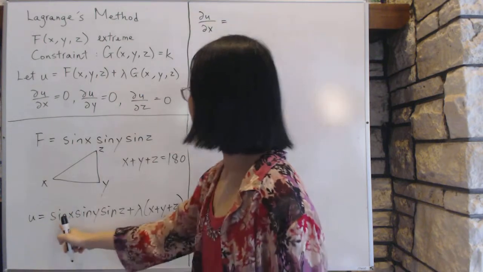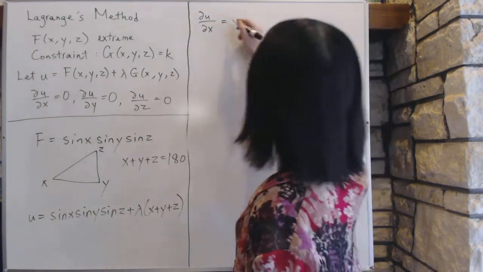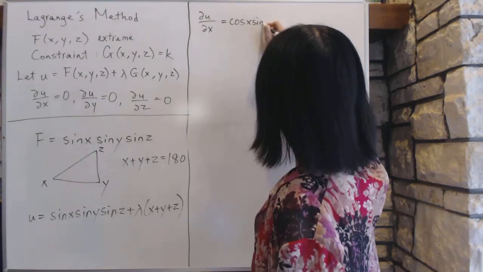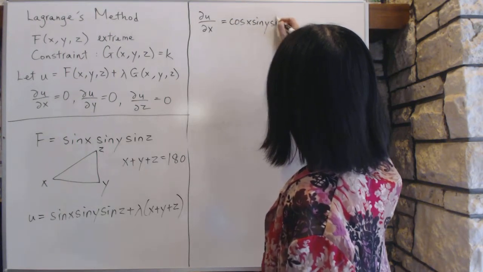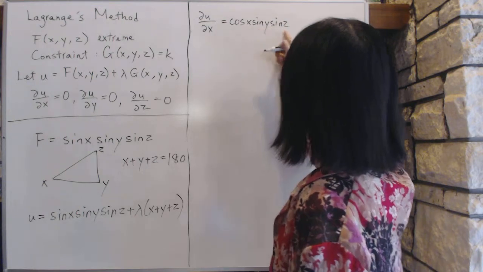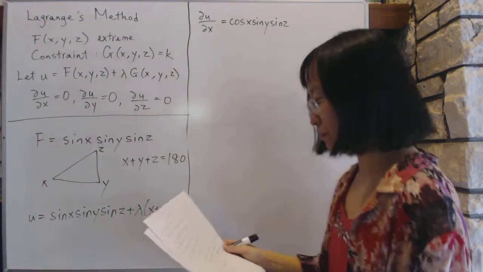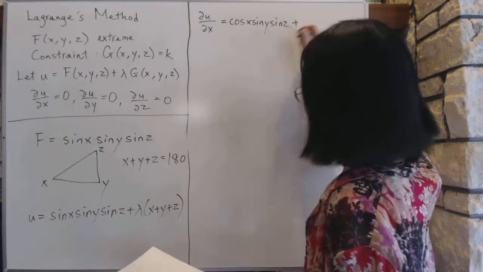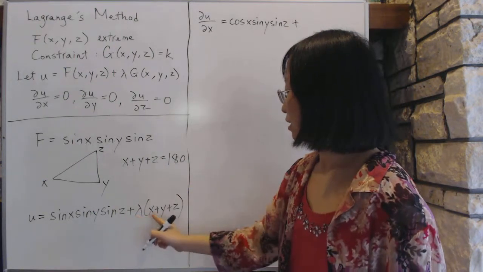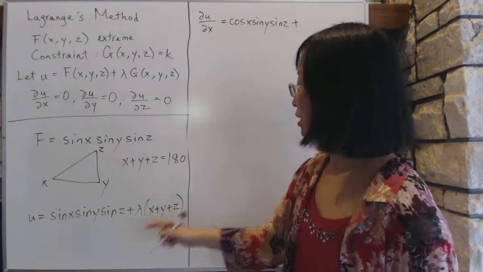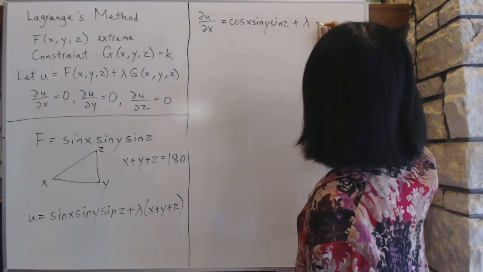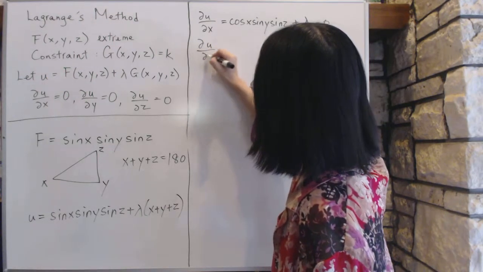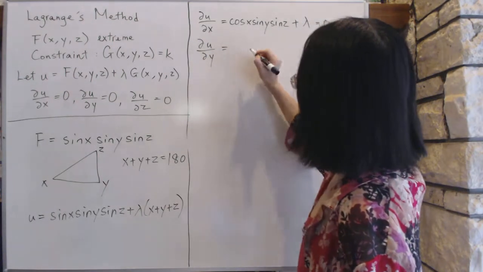Taking partial x, so sine x becomes cosine, and the other stuff stays the same because these are constants for x, so it just stays there. Plus, what's this? This thing, derivative with respect to x only, leaves you just lambda, and you go to 0. As you can see, this thing goes exactly the same way with y.